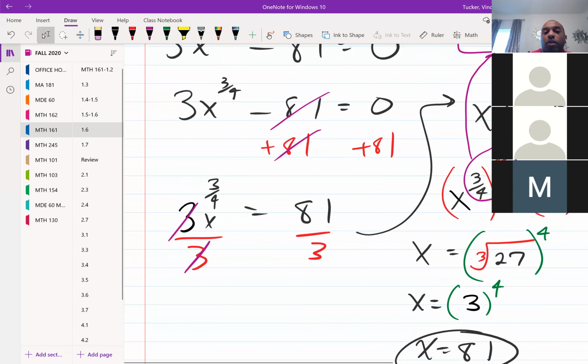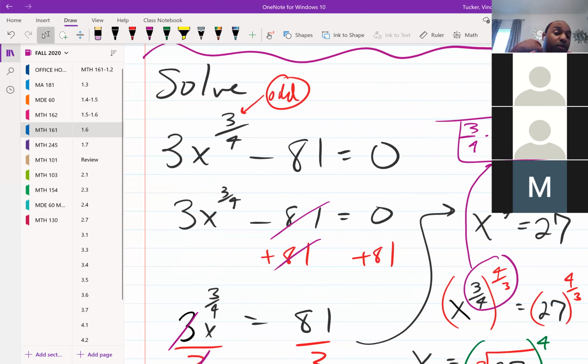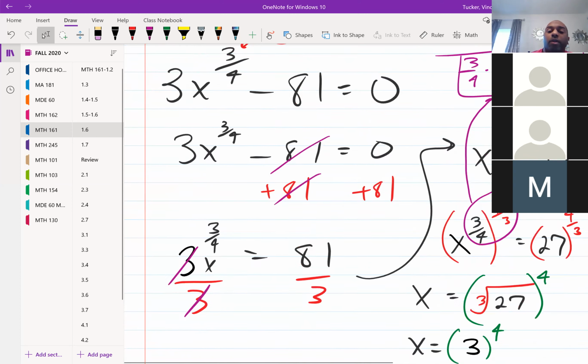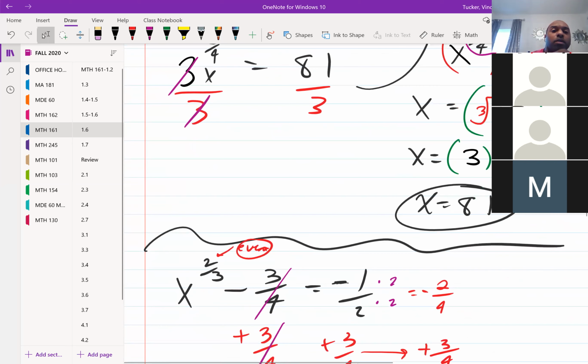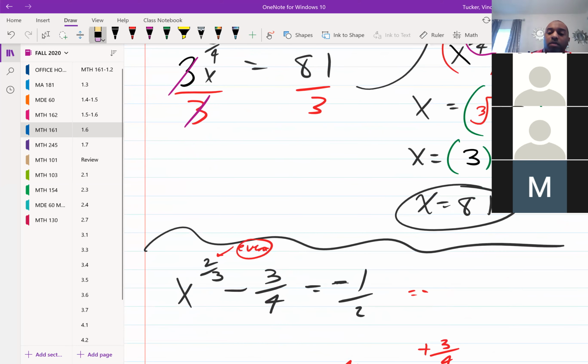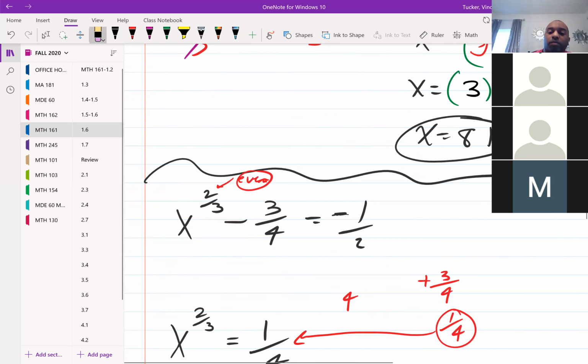So remember, this one started off with an odd power in the numerator. The next one has an even power in the numerator. Trying to erase some of this stuff off.